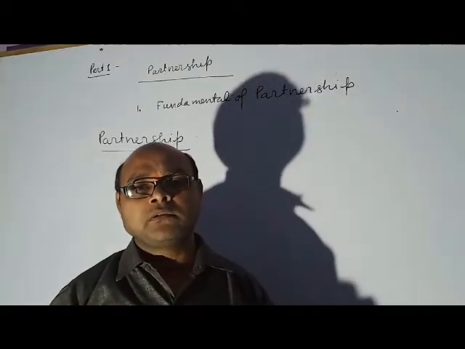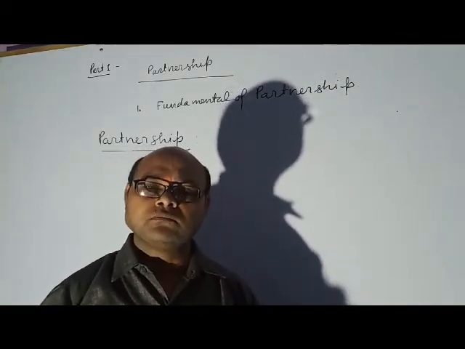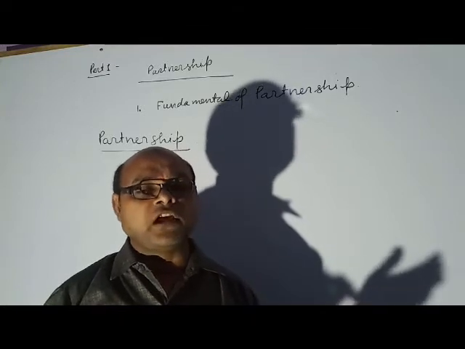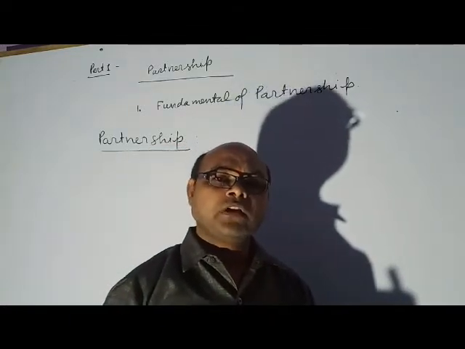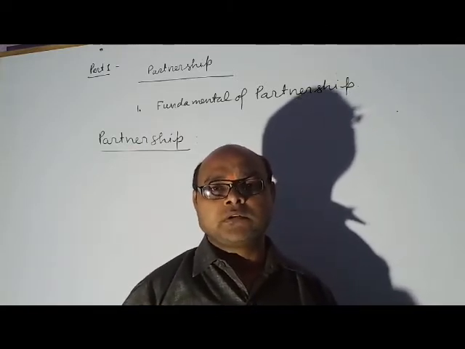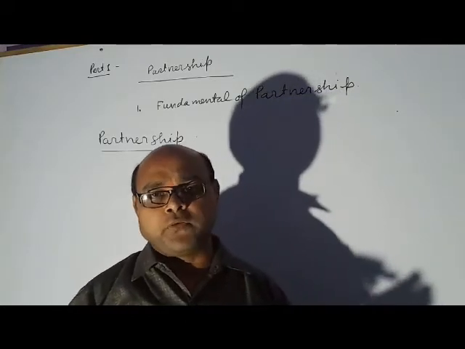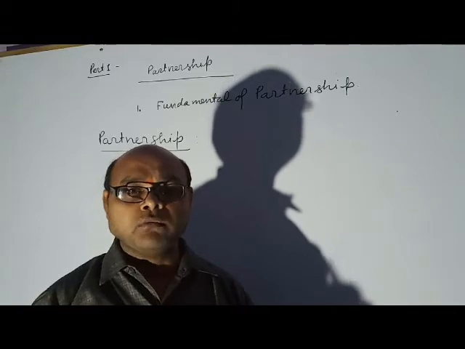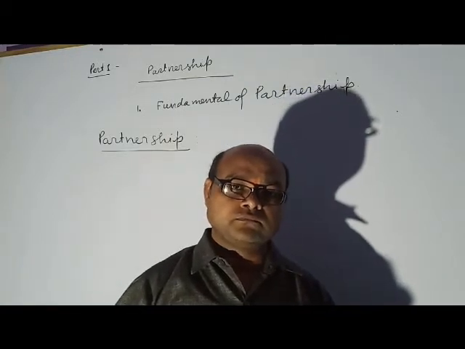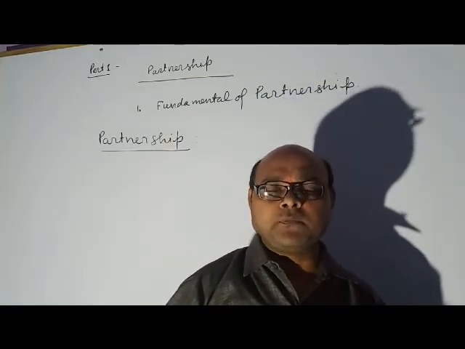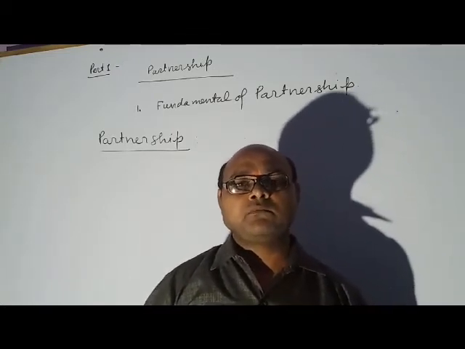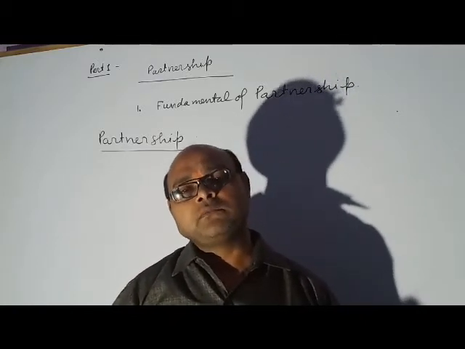After the P&L, we make the P&L appropriation account. The profit of the P&L is transferred to the P&L appropriation account, and in this account, we record the distribution of the profit. How will we distribute the profit among the partners? Some part of the profit we give to the partners as salary, bonus, commission.